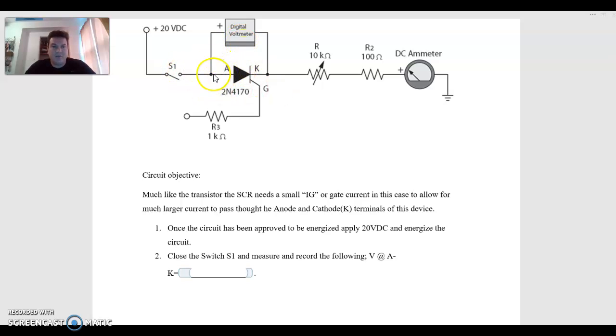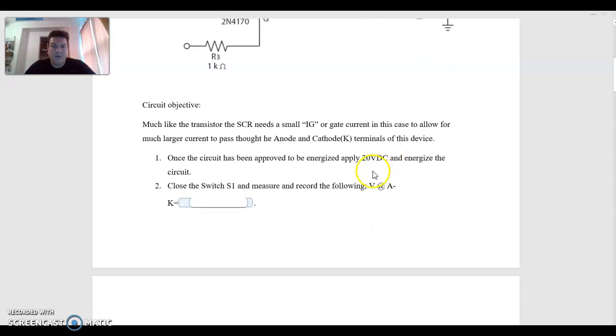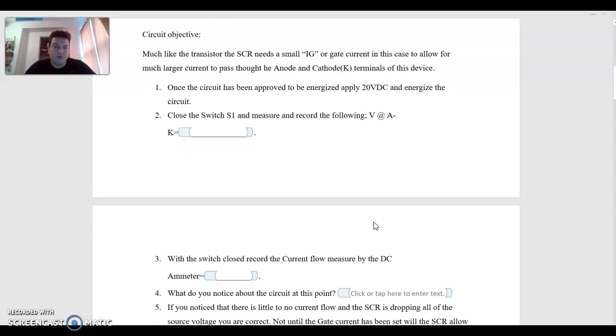And we'll observe that almost all of the circuit voltage of 20 volts DC will drop across the SCR. So in this line right here, when you close the switch and measure and record the voltage at the anode and cathode junction, you should see the supply voltage of 20 volts.